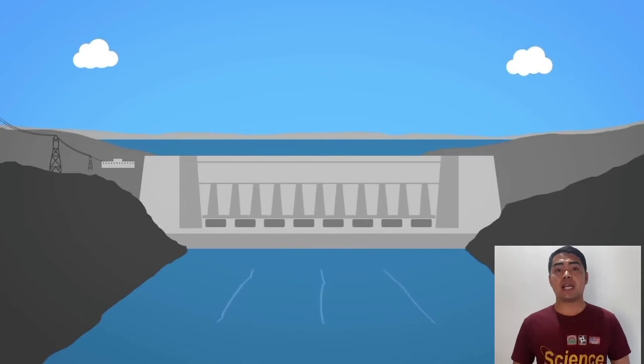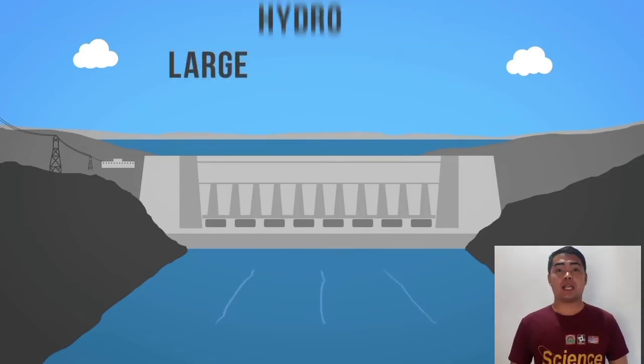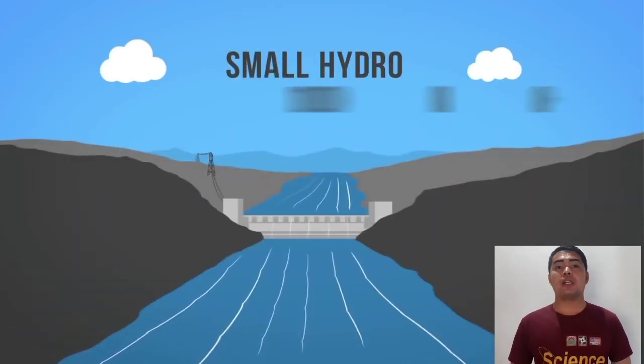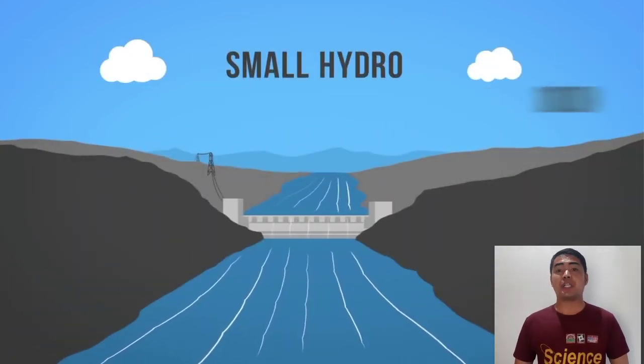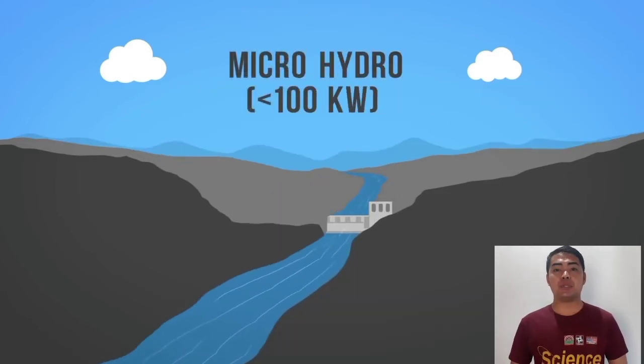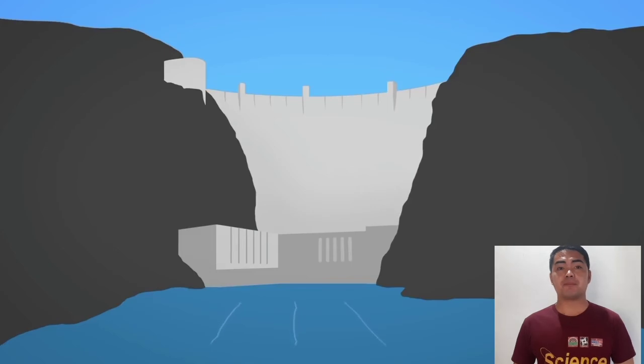There are various sizes of hydro plants that produce electricity. Large hydro can produce electricity greater than 30 megawatts. Small hydro, 100 kilowatts to 30 megawatts. And micro hydro, less than 100 kilowatts.